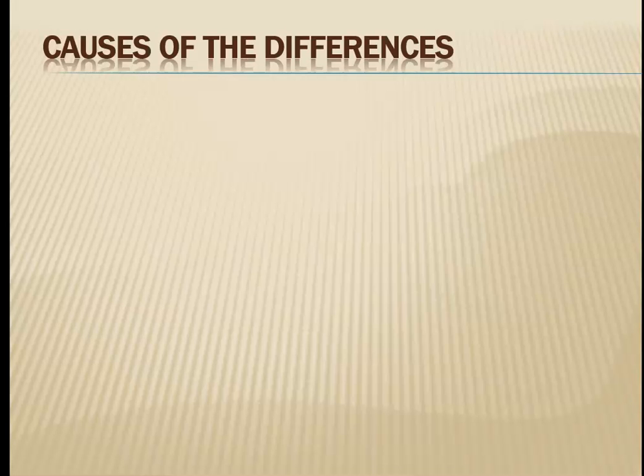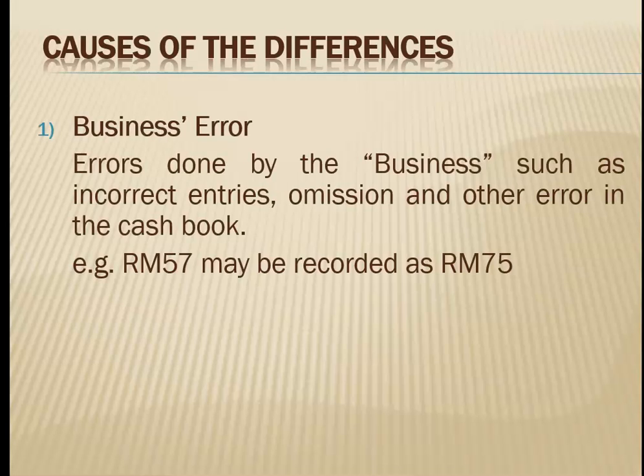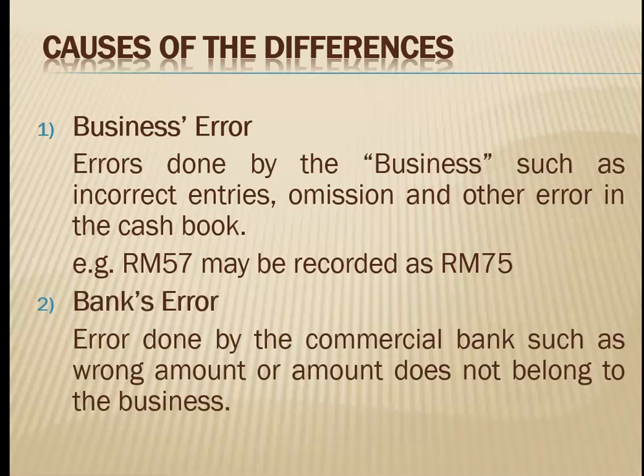And the causes for differences: first of all, most probably you have a business error that has been made by the staff of your business, such as incorrect entries, incorrect date, or incorrect amount. So you need to identify which are the errors made by your staff.